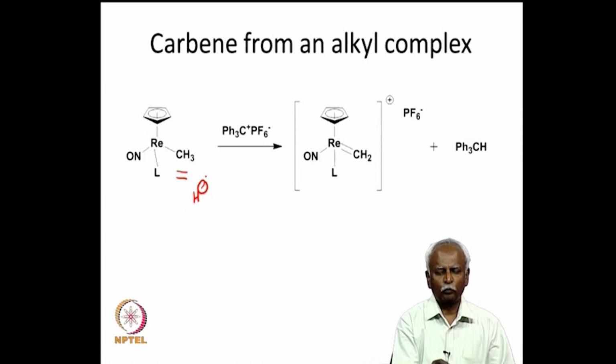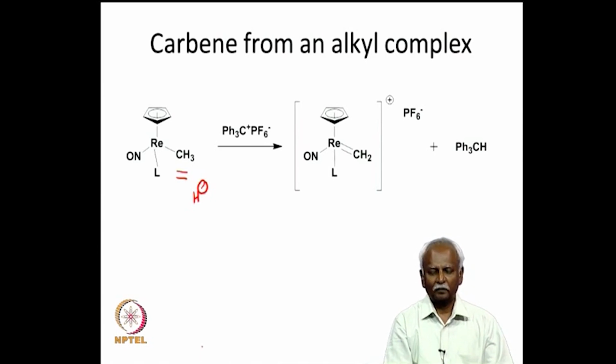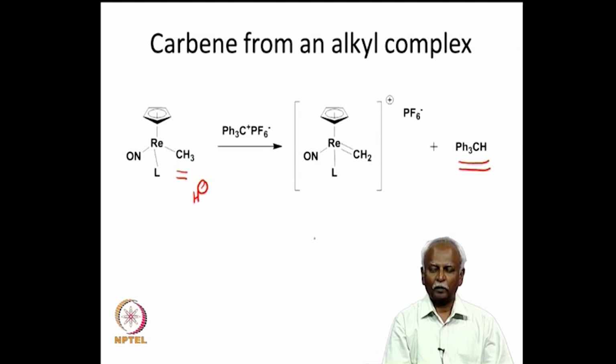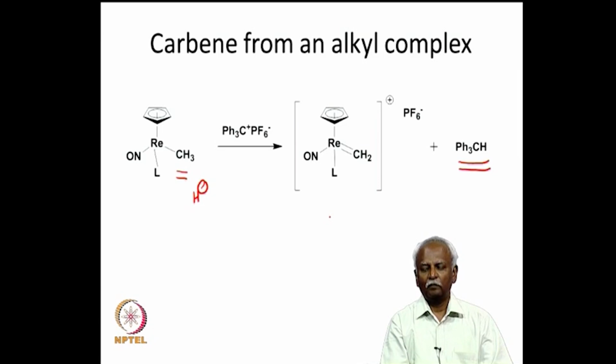H minus is removed from the CH3, and it reacts with Ph3C plus in order to generate Ph3CH, and you end up with a positively charged rhenium atom which is coordinated to a CH2 group.